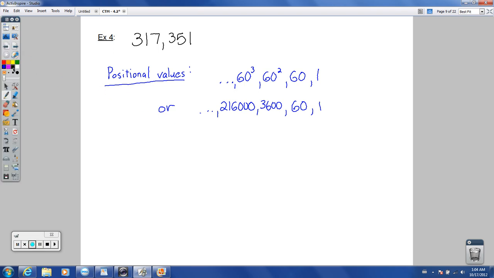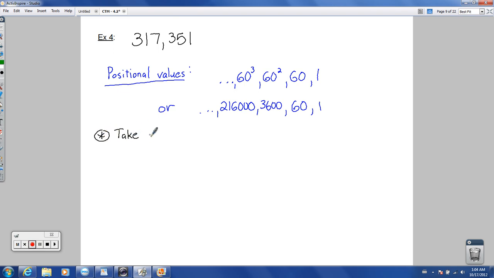So how do we do these kinds of problems? Well, basically, it's a division problem. You want to take this number and divide it by the biggest number in this list that will actually go into that. If I went 60 to the 4th, I'd get a number that wouldn't go into there. 60 to the 3rd does. So let's write this down as a note. We won't write this down for the other problems like this, but I think it's important to write it down here. So take the number and divide.